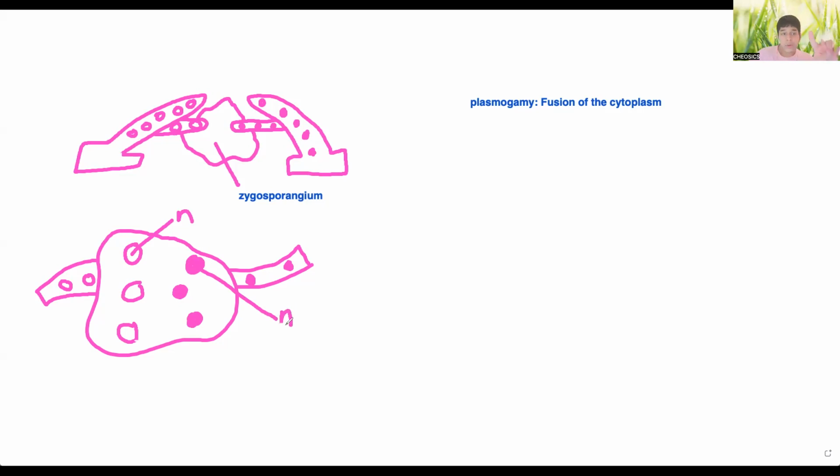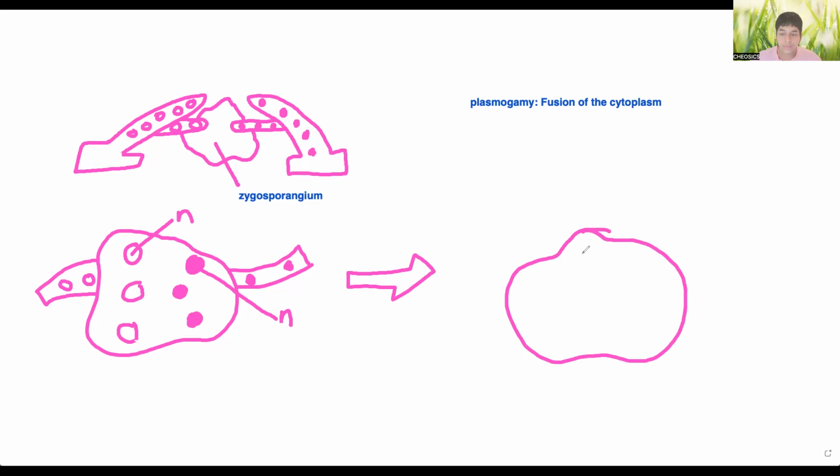Diploid 2, haploid 1. Triploid is also there, but right now we don't have triploid. Triploid is in the plant kingdom. There's dikaryon also. Here these nuclei fuse together.